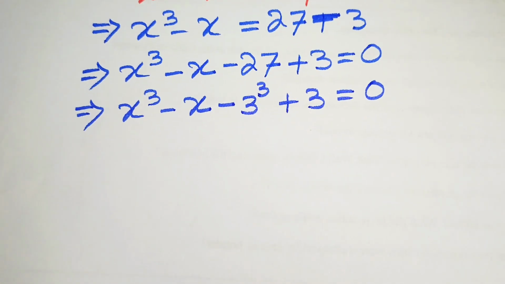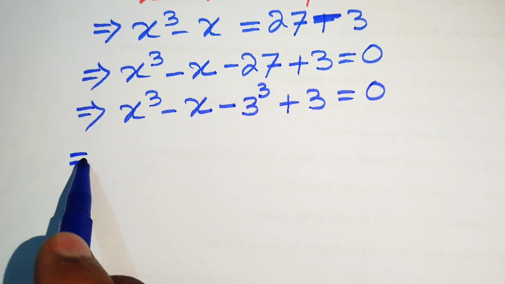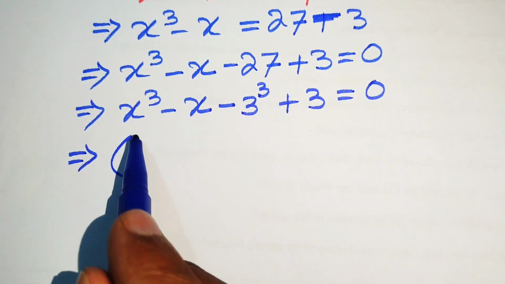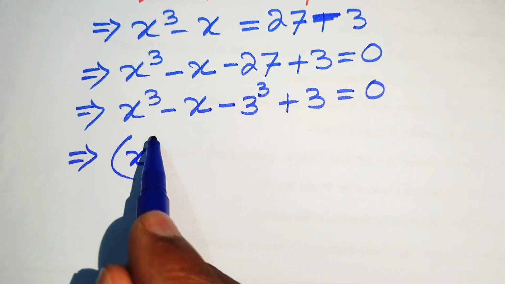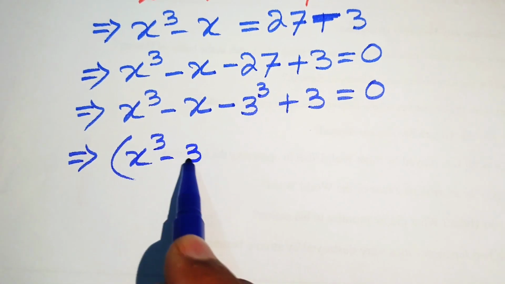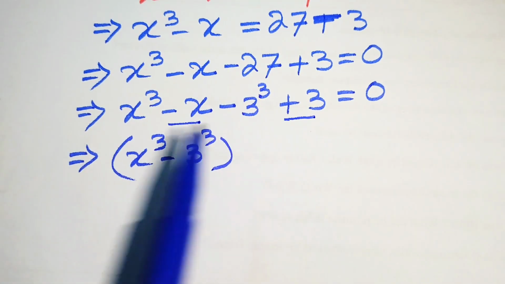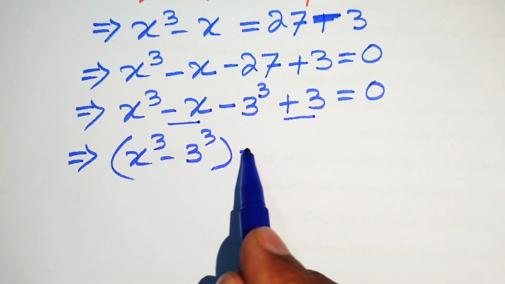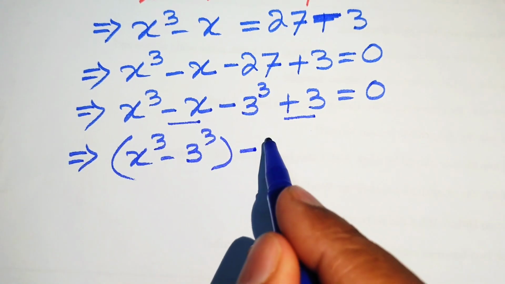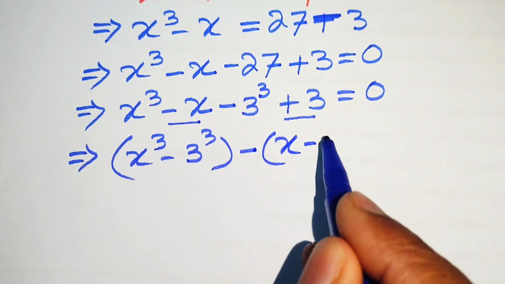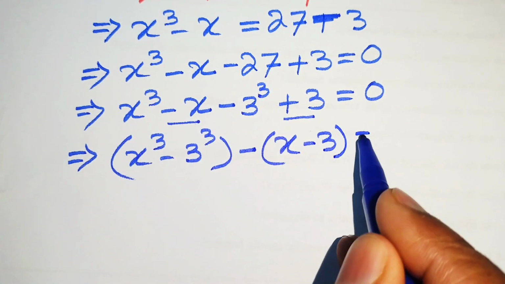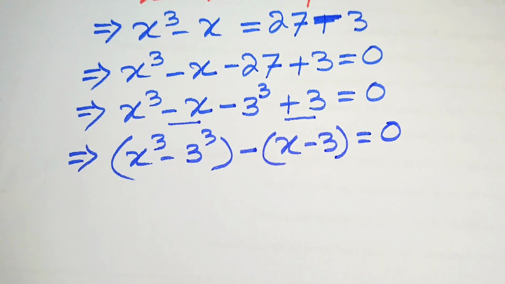In the next step, we make a pair of the cubic terms and the other terms. The cubic terms are x cubed minus 3 cubed and the remaining terms are minus x plus 3. Here we take a common minus sign from both of these terms and the remaining terms are x minus 3 equals 0.